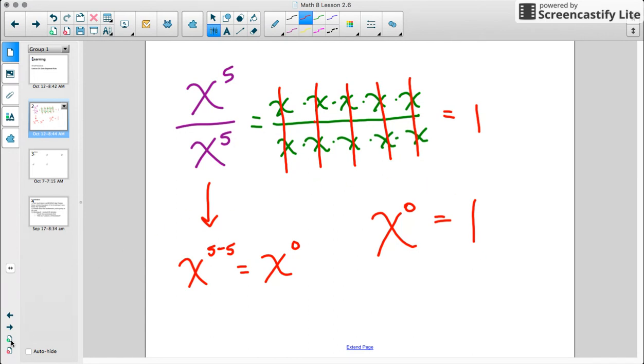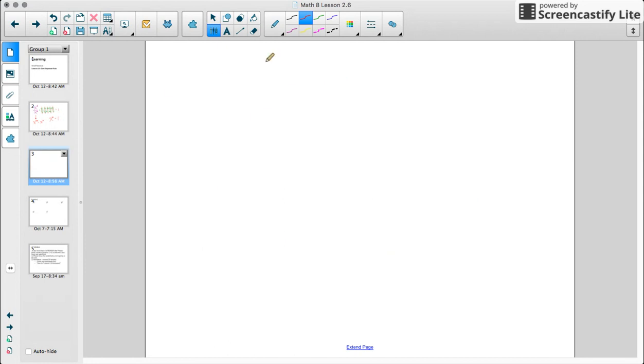Let's have a look at another example. Let's say you have 3 raised to the power of 4 divided by 3 to the power of 4.